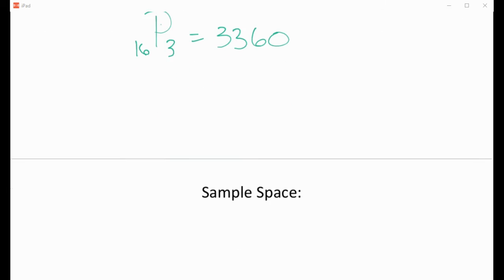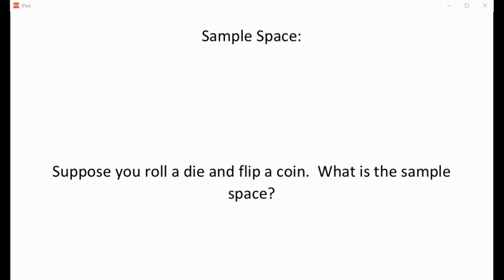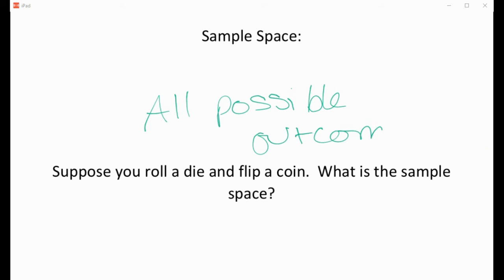So anyway, the sample space, as a review, is a list of all the possible outcomes. Suppose you roll a die and flip a coin. What is the sample space?